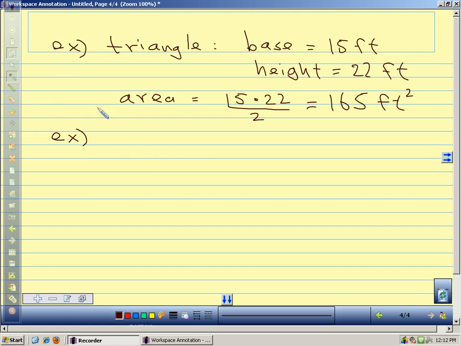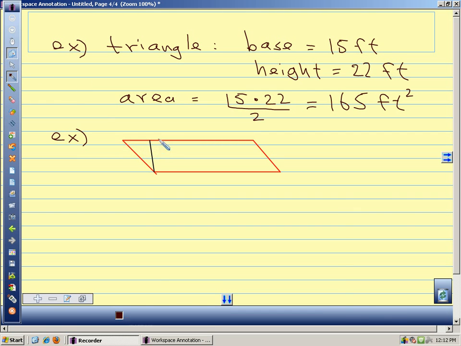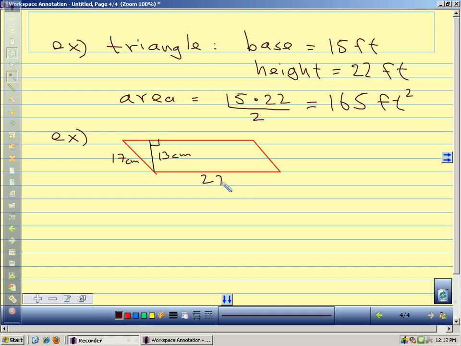Second example, let's look at a parallelogram. So here's my parallelogram. And this is 13 centimeters, and this is 17 centimeters, and this is 27 centimeters.